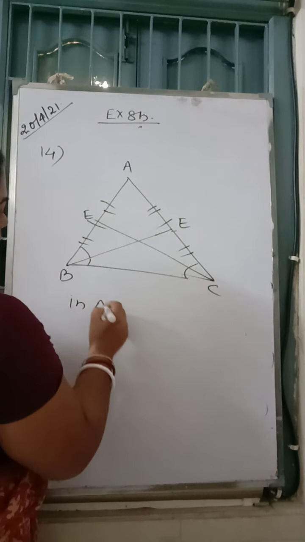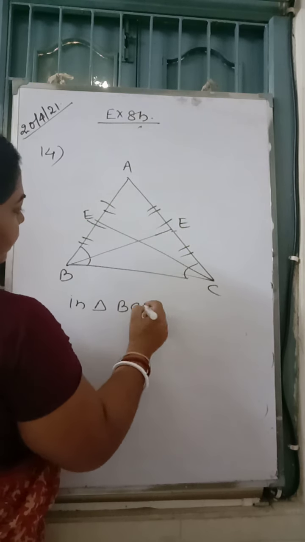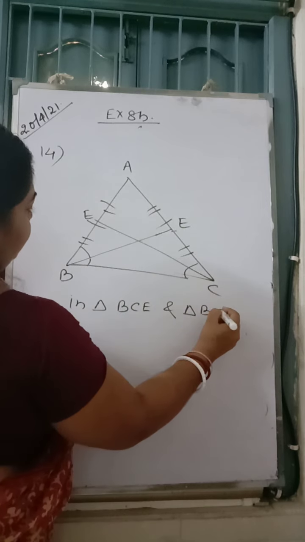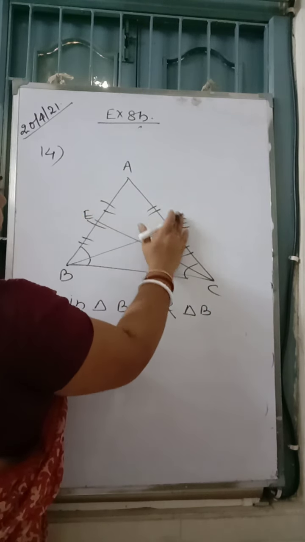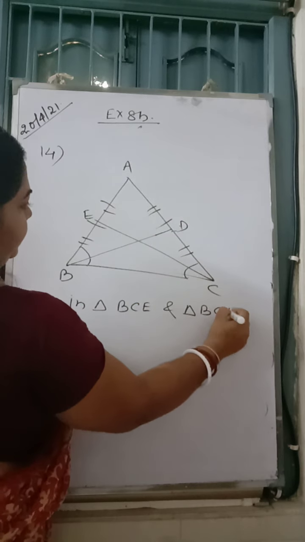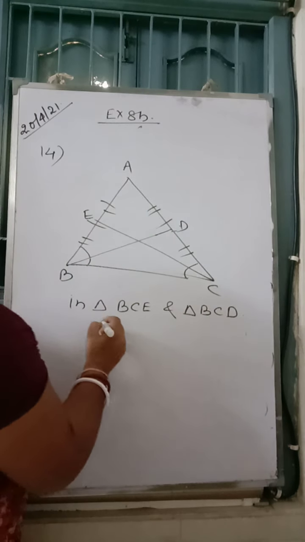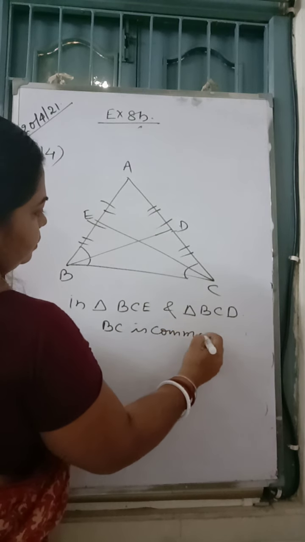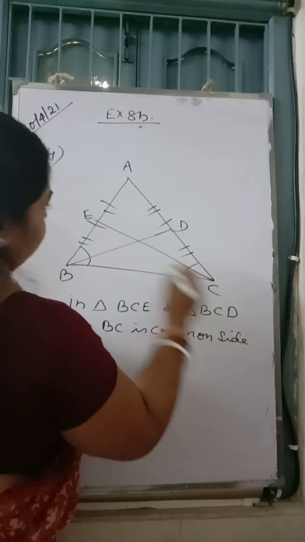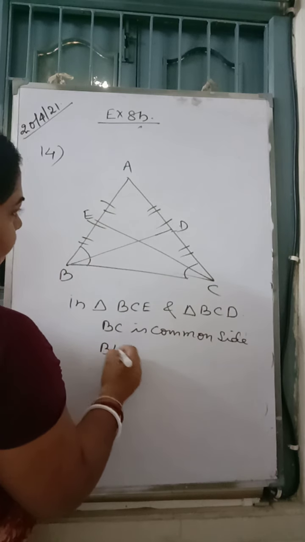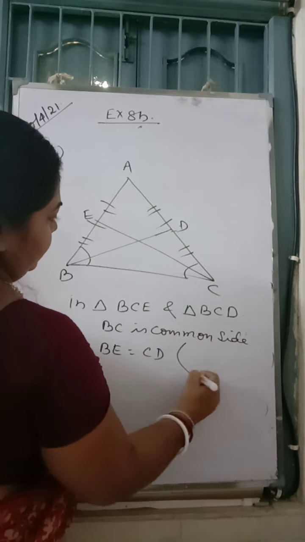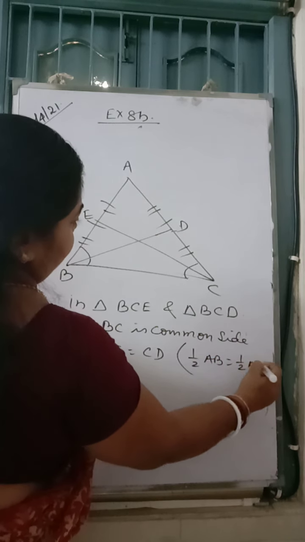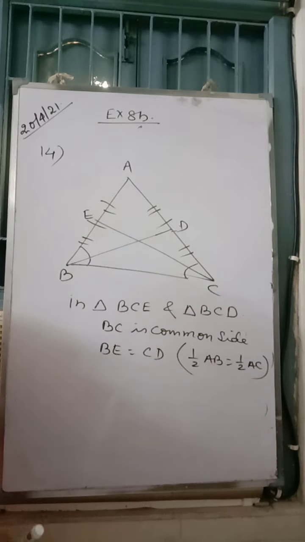Now in triangle BCE and triangle BCD, BC is a common side. BE is equal to CD, half of AB is equal to half of AC, as medians divide the side into two halves.